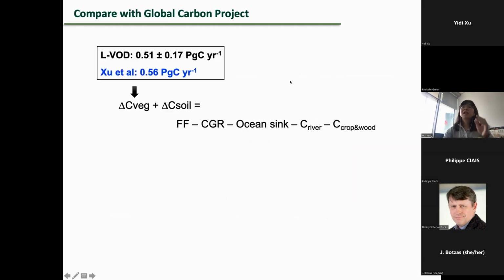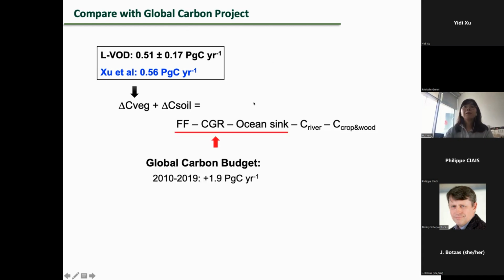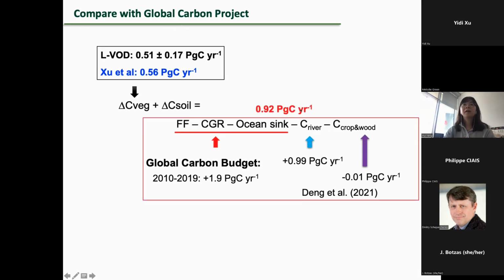Next, we want to compare our estimates with the Global Carbon Project estimates. The residual of the fossil fuel emission, the CO2 growth rate, and the ocean sink should remove the lateral riverine flux and the carbon from crop and wood productivity, and then can be compared with our estimates. This is 0.9 petagrams of carbon per year.